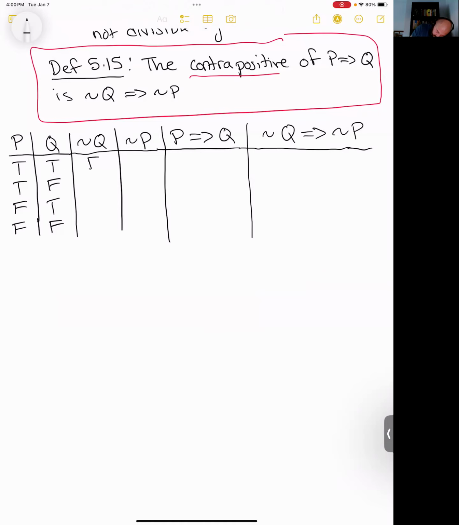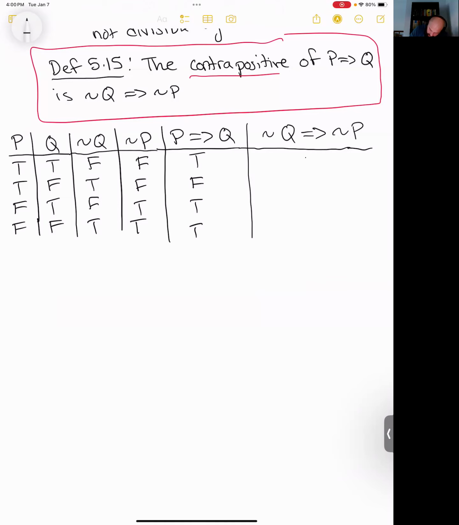So that's false, true, false, true, and false, false, true, true. P implies Q. This is the typical one that we've done a few times now. True, false, true, true.